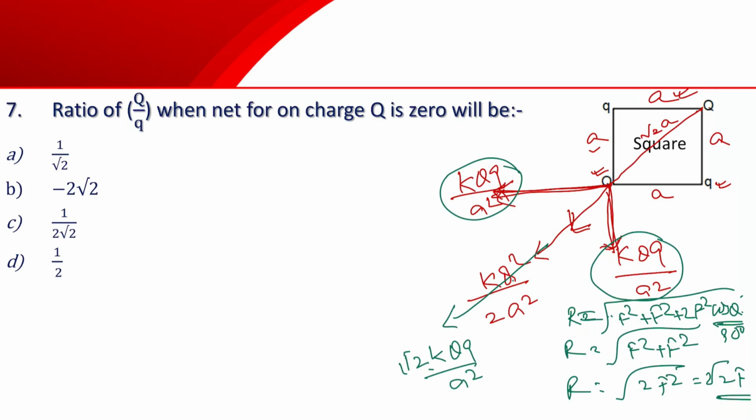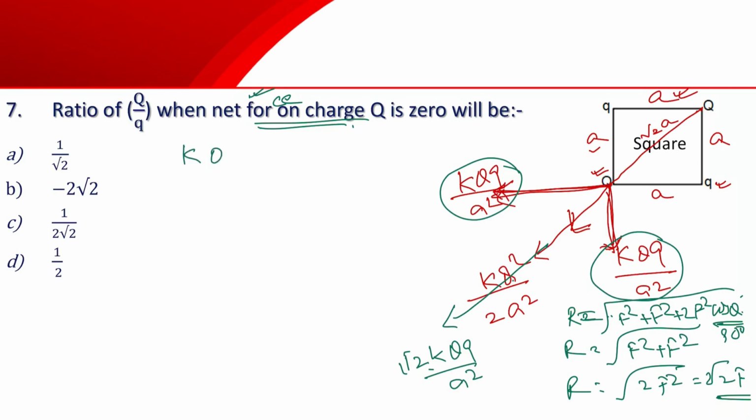Now if we add these two, according to the question, the net force on charge q will be 0. Here the 4 written is a typing mistake, net force will be 0.